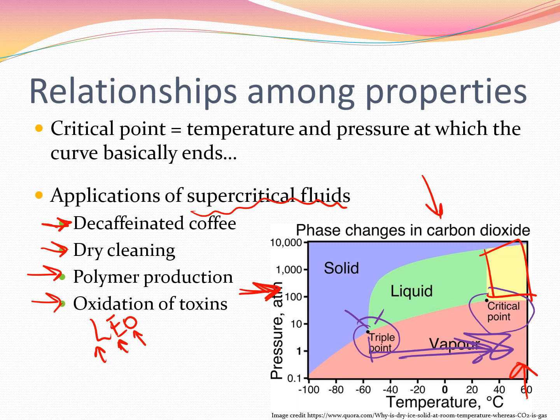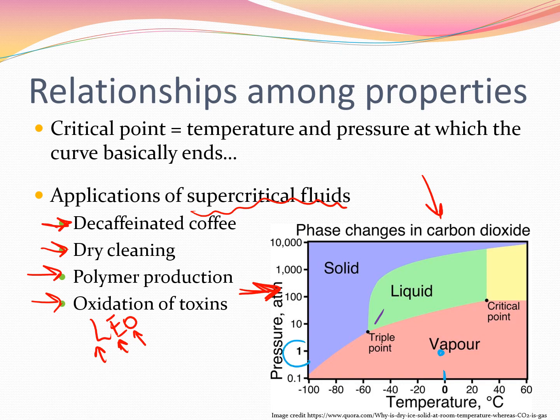So crazy cool. Before we go away from this slide, I do want us to look super quick at carbon dioxide. So at standard temperature and pressure, 0 degrees Celsius and 1 atmosphere of pressure, carbon dioxide is a gas. If I keep this 1 atmosphere of pressure, normal atmospheric pressure here on Earth, and I make carbon dioxide crazy cold, notice that I go from the gas to the solid.